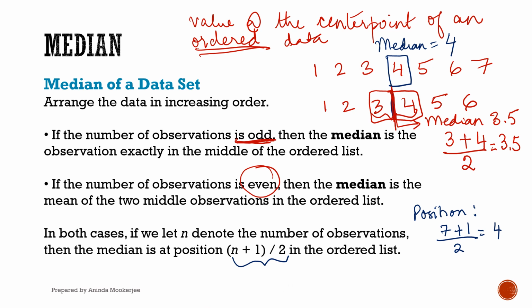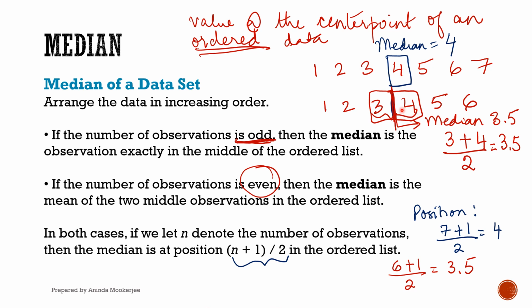If n is 6, as in the second case, if n is even, so for 6 plus 1 divided by 2, it's 7 over 2 is 3.5, correct? So when we count to get to the number in position 3.5, it would be 1, 2, 3, and then a value between 3 and 4.